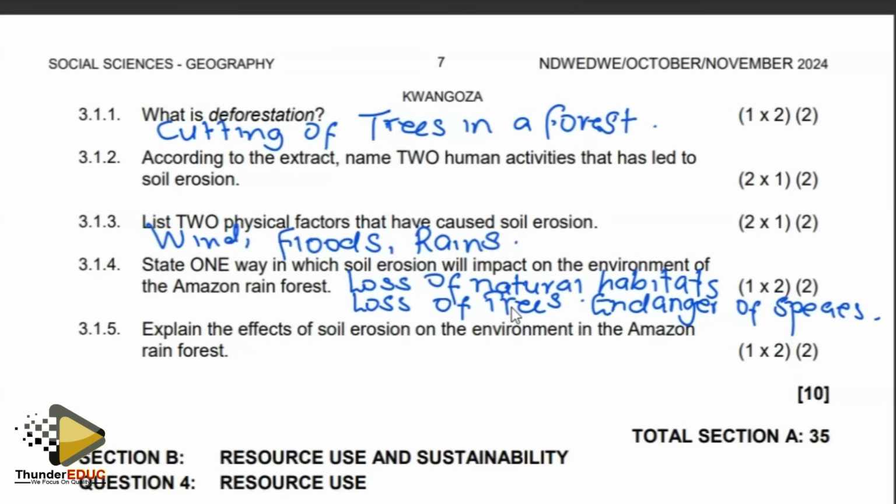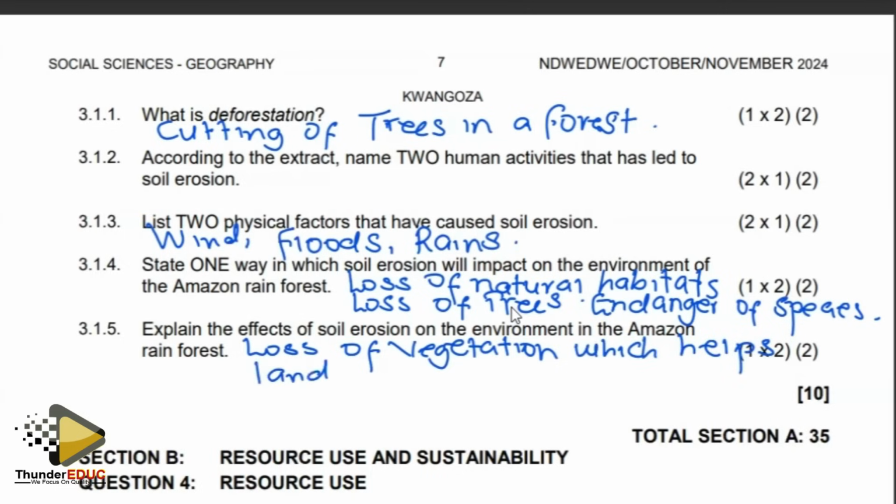The effects will be loss of vegetation, which helps land to retain water.